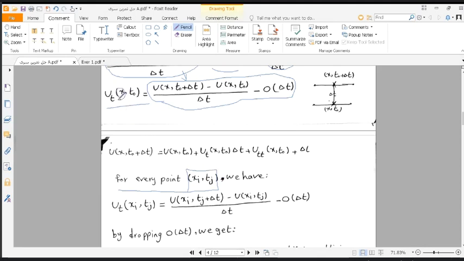We write xi instead of x and tj instead of t0, and we have u_t(xi, tj) equal to u(xi, tj plus delta t) minus u(xi, tj) over delta t minus O of delta t.